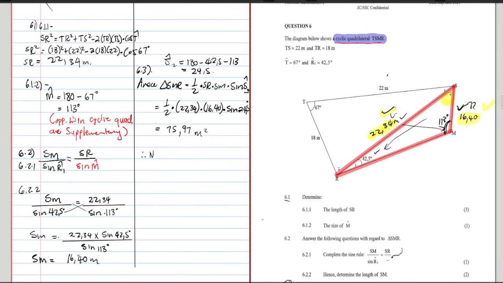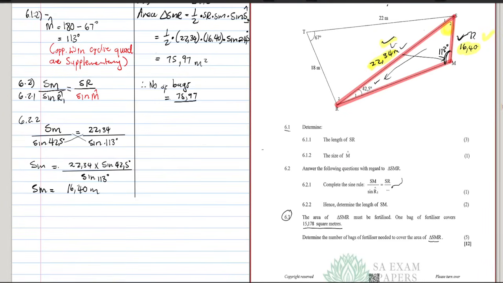Therefore, the number of bags of fertilizer is going to be equal to the total area divided by the area covered by one bag of fertilizer.